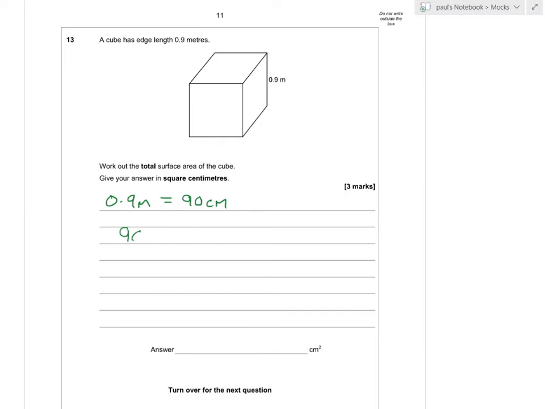So we've got 90 times 90 equals 8100, and there's 6 of them, so times that by 6 is 48600 centimeters squared.